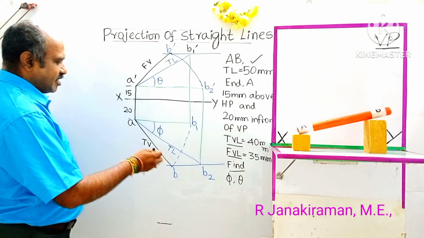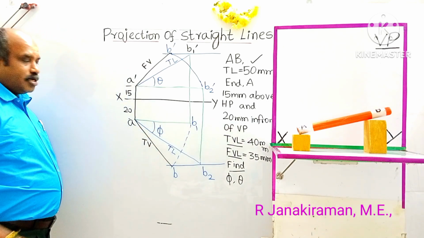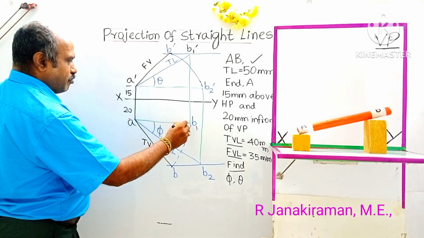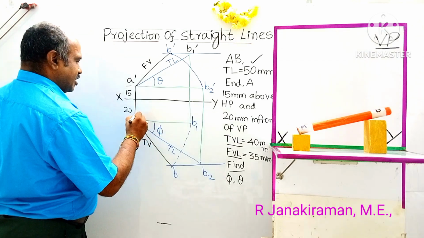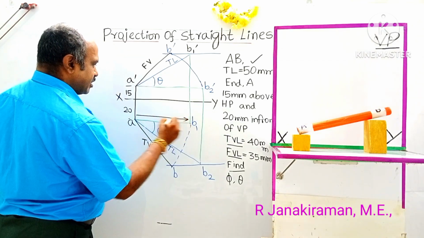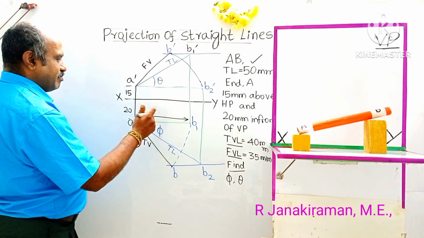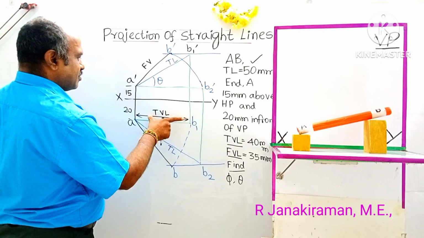So this distance AB will be the same as AB1 distance. So I can say AB is equal to AB1 because these are of uniform radius. This AB is the top view, and the corresponding length will be TVL. This is given in our question as 40 mm.